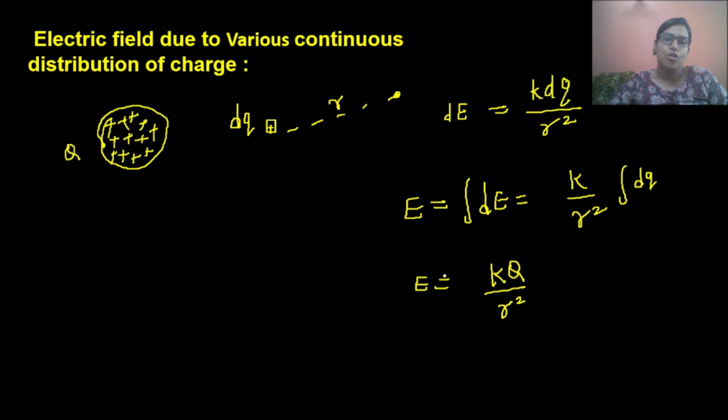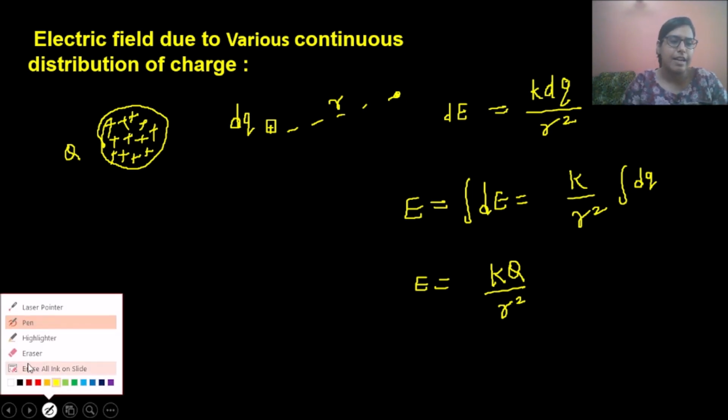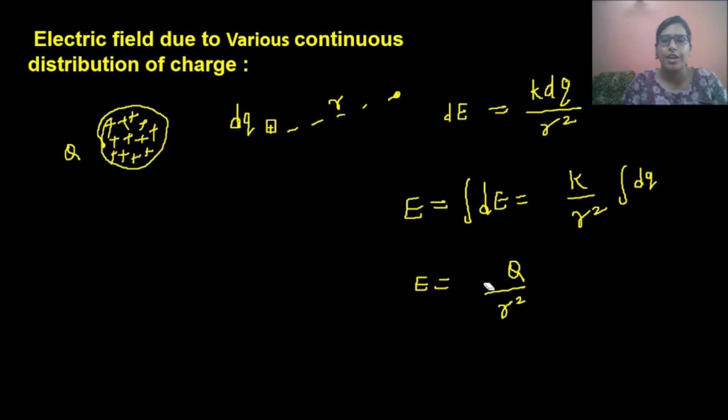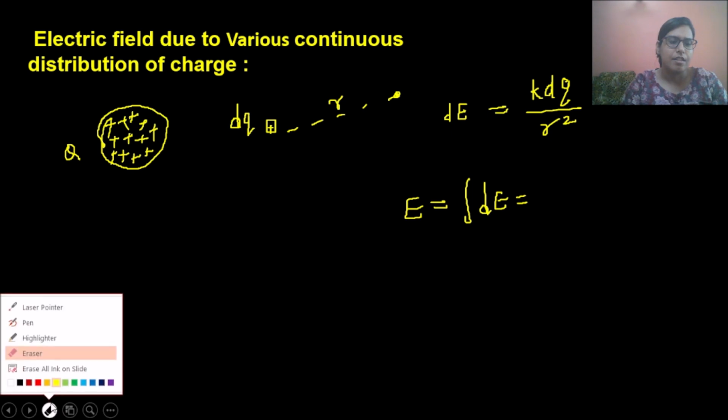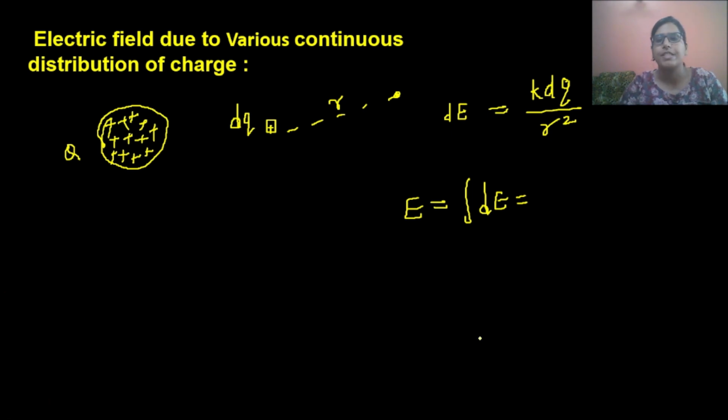So this will be true when the charge is not related to the radius or is not in another form. So we can write the electric field for continuous charge bodies like this, and we can't remove k upon r square, maybe the charge is a function of distance.